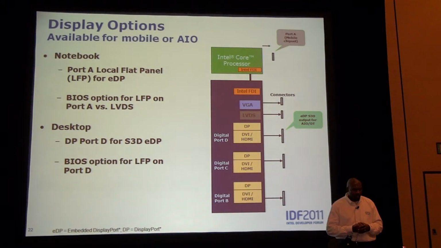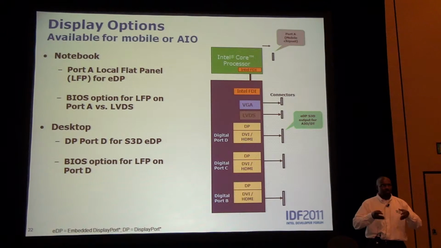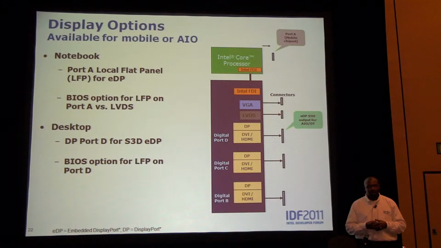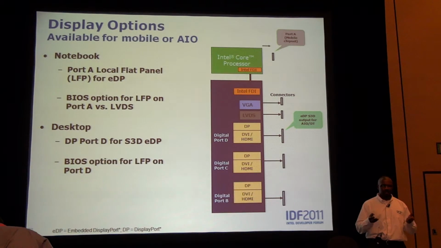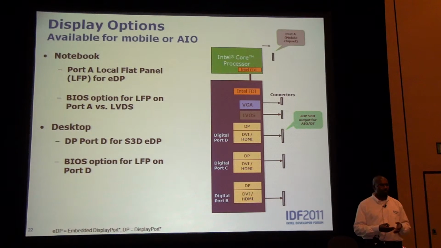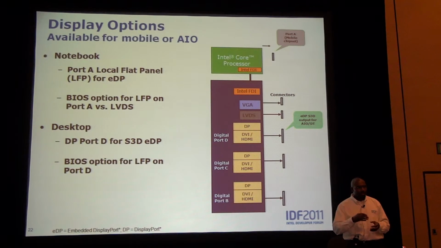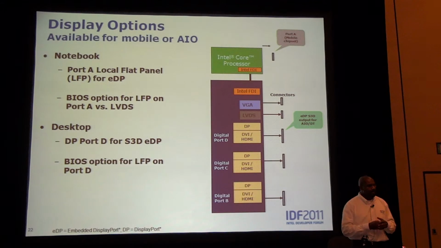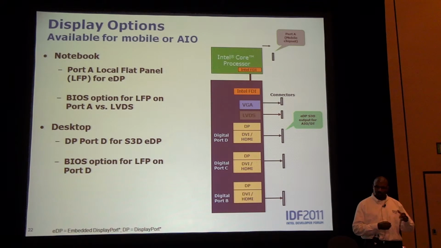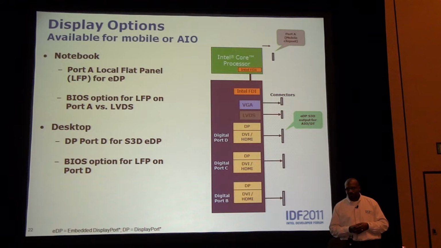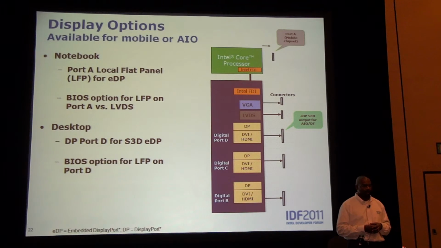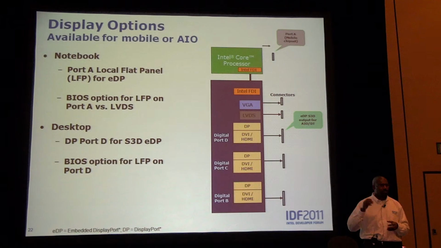So lastly, going back to the hardware scenario, I want to talk a little bit about how we have the setup for displays, EDP connected to the platform, to an Intel architecture type platform, Intel 4. For notebooks, the EDP connection is sitting off of the processor itself. And in the desktop scenario, you have the EDP sitting off of the PCH.